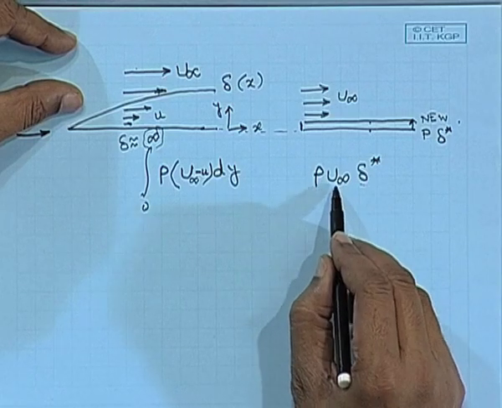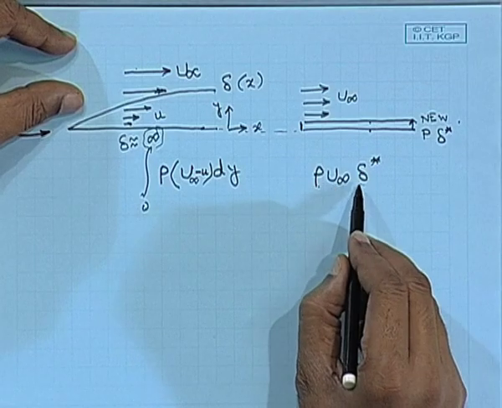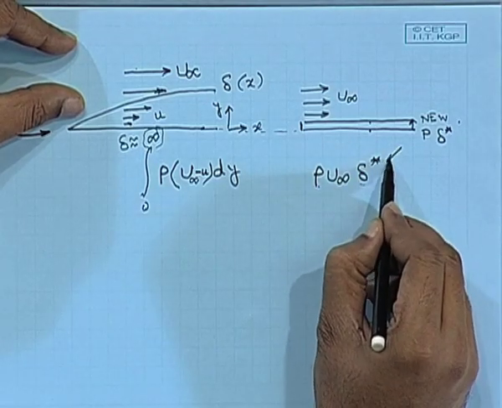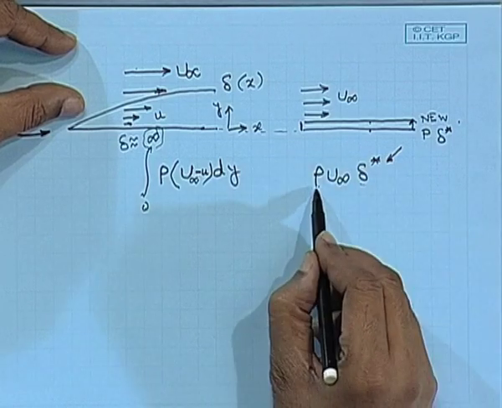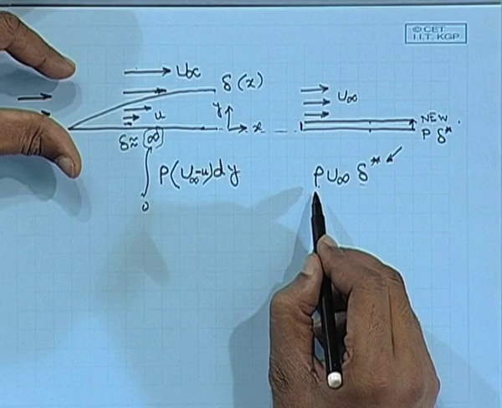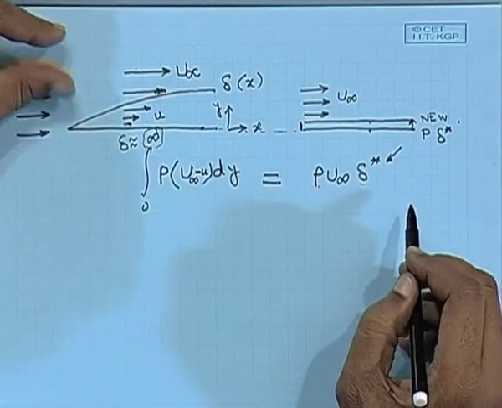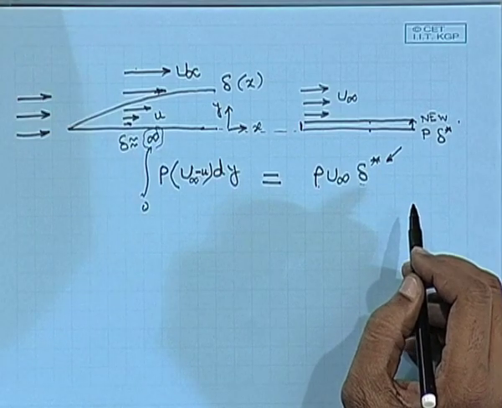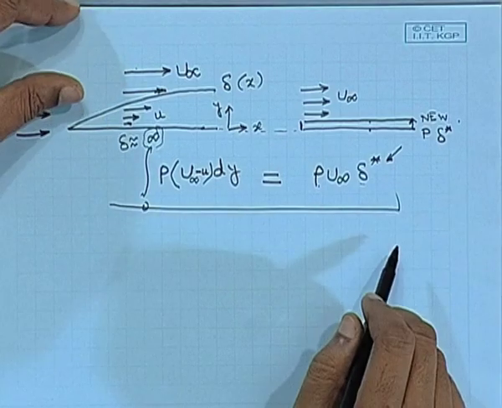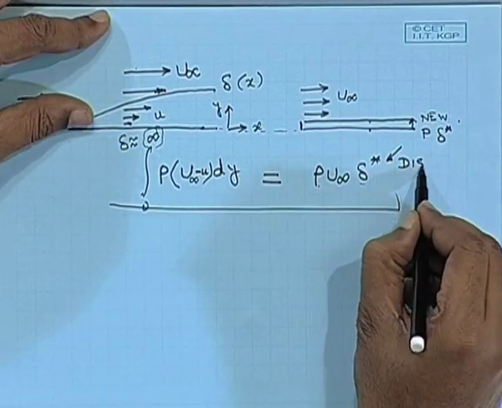By definition, delta star or displacement thickness is the distance for which the reduction in mass flow rate in an inviscid flow is equal to the reduction in mass flow rate in the actual flow. So, this is the defining equation for delta star, which is known as displacement thickness.